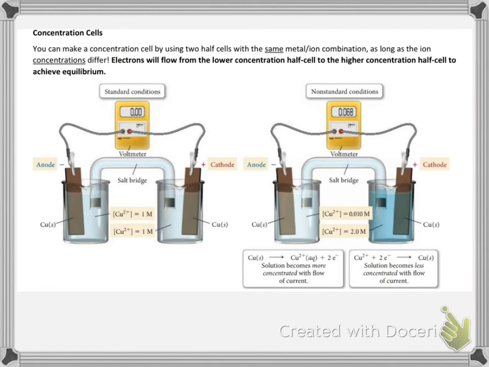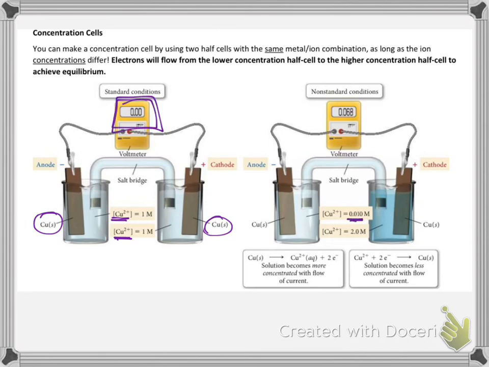There's a really fascinating application of this non-standard equilibrium called a concentration cell, because you can actually make a galvanic cell by using 2 cells that have the same metal ion. Notice, solid copper, copper 2+, solid copper, copper 2+. Well, under standard conditions, there's no voltage, right? Because they're equal.